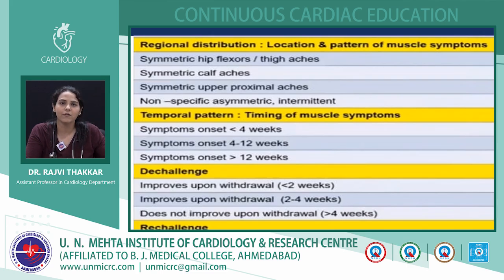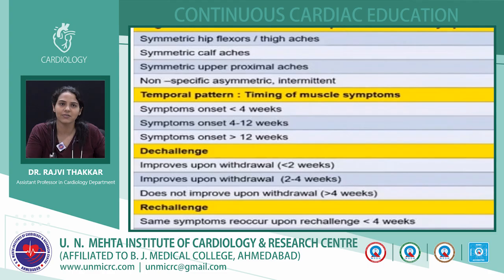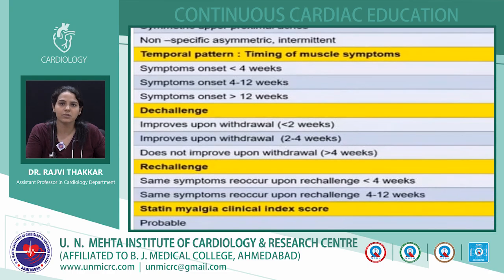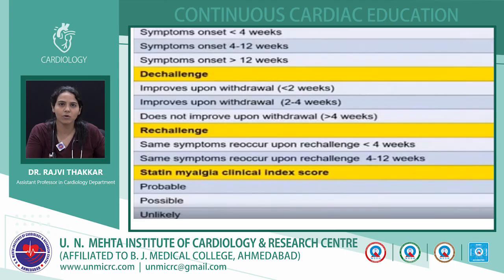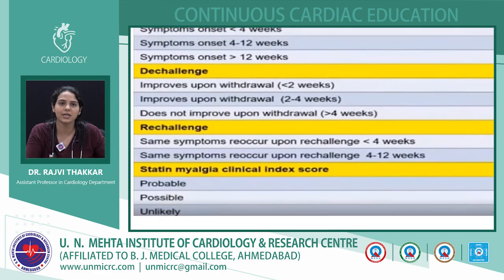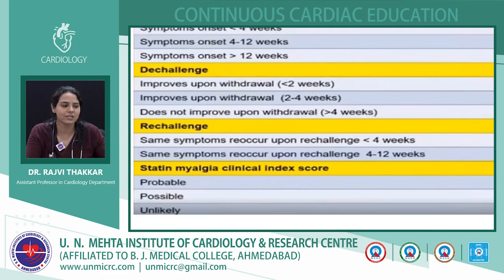Temporal pattern, timing of muscle symptoms: symptom onset less than 4 weeks, symptom onset 4 to 12 weeks, and symptom onset more than 12 weeks. De-challenge: improve upon withdrawal less than 2 weeks, improve upon withdrawal 2 to 4 weeks, and doesn't improve upon withdrawal more than 4 weeks. Re-challenge: statin symptoms recur upon re-challenge in less than 4 weeks, statin symptoms recur upon re-challenge in 4 to 12 weeks. Based on these symptoms, we calculate the statin myalgia clinical index score.